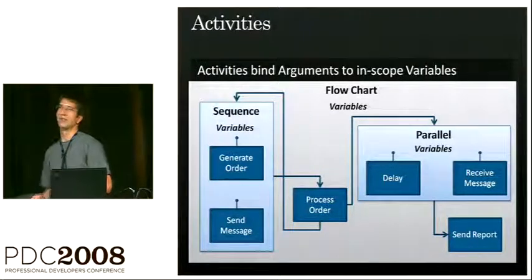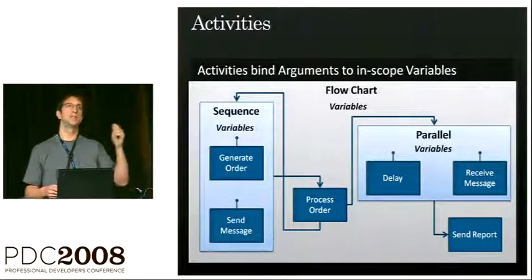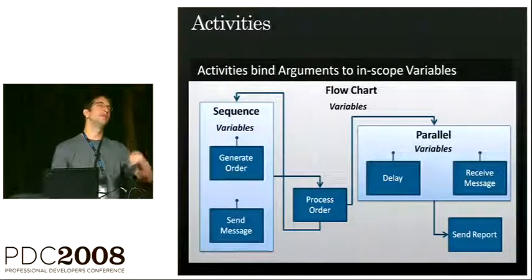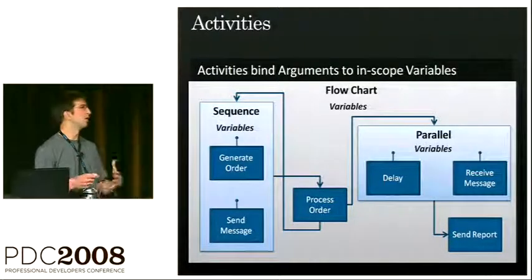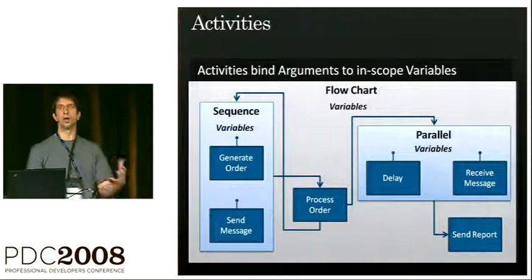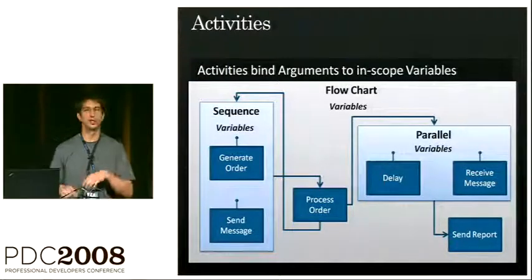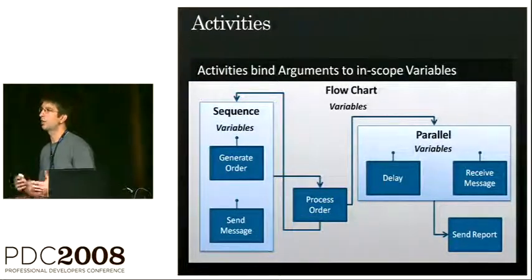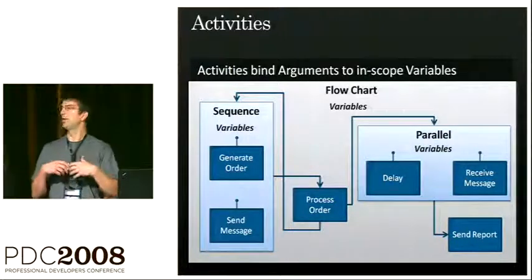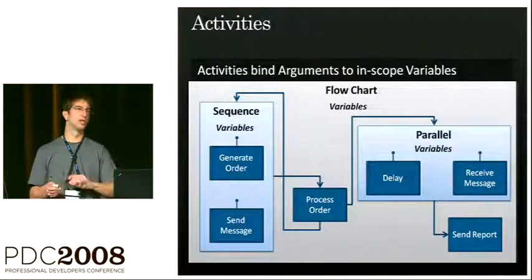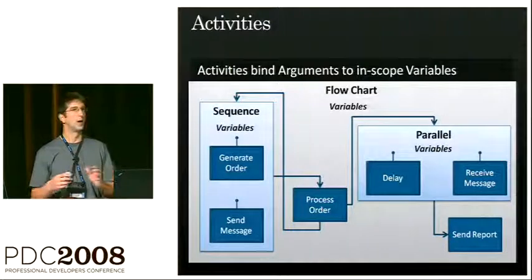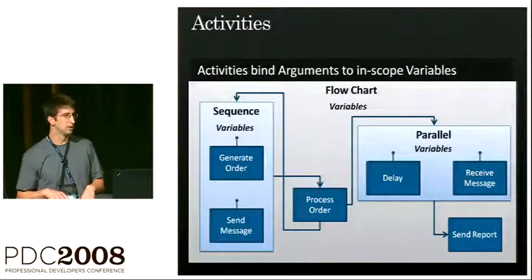Hopefully you can see that these constructs, arguments, variables, and also the composition of larger chunks of behavior using smaller chunks of behavior, are common constructs, so you should be able to make a lot of relationships in your mind between workflow and writing programs like you do today.